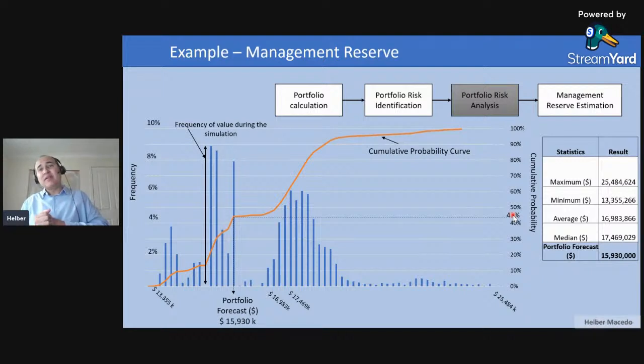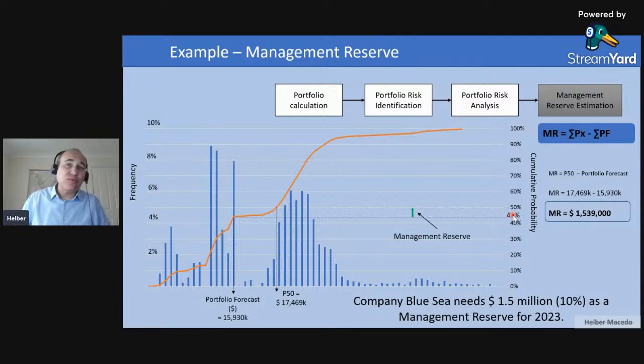But then it will be the decision for the leadership. I want more protection. I want more money to ensure that I will be able to execute these projects. So suppose that they decide that for 50% of the scenarios, they want to have enough money. So the difference between the portfolio forecast and the P50 will be my management reserve.